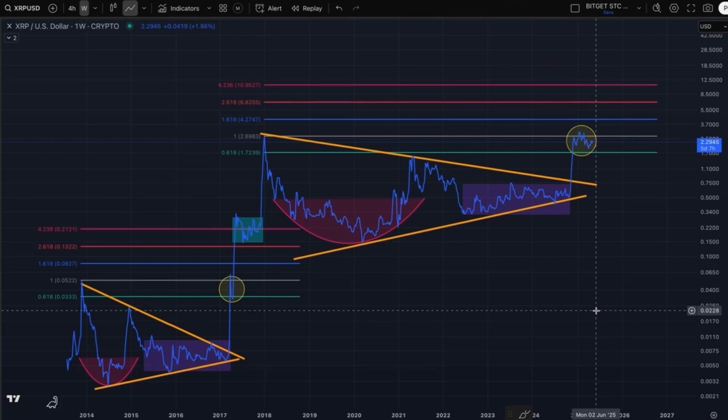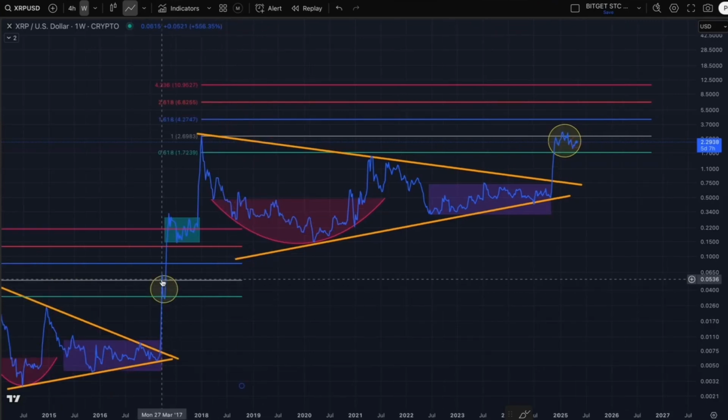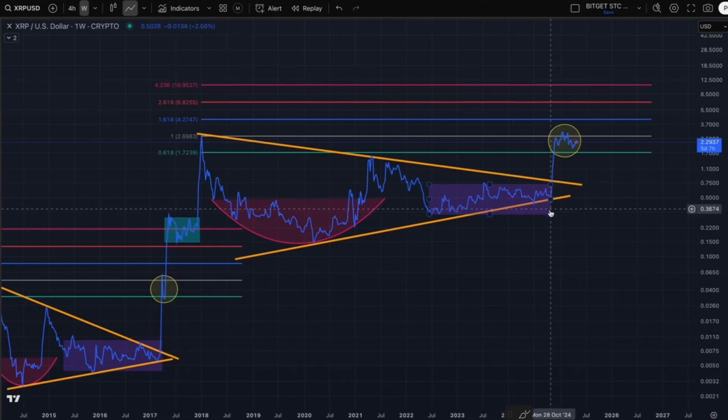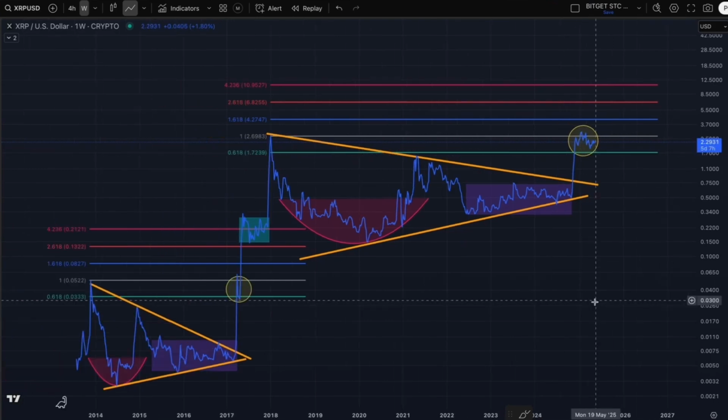So it is not implausible that we could actually be in this period here in March 2017, where we came above this 1 level and found support on the 618, as we have just done literally in January. And now we are consolidating as of present today above the 618.